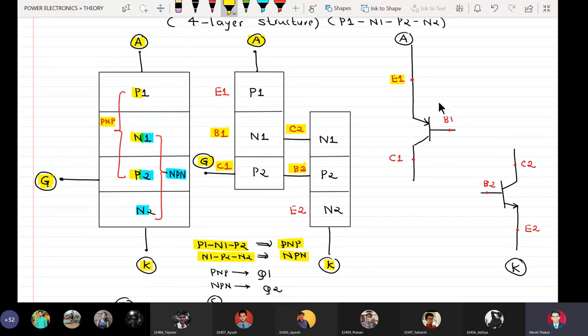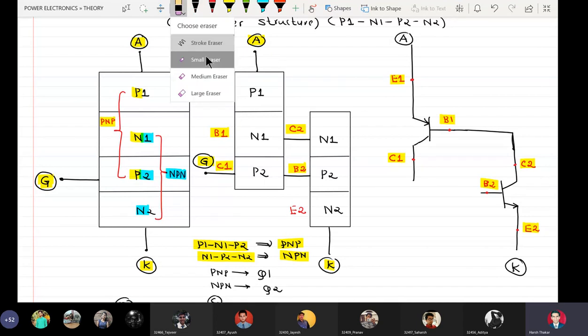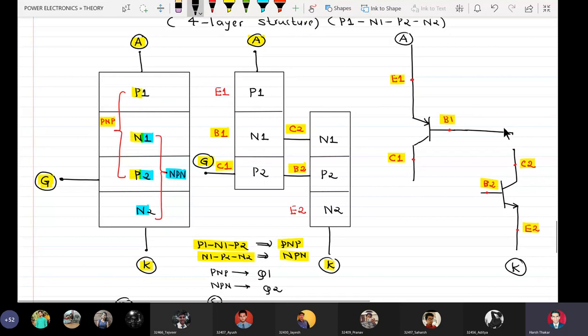Okay, so E1, B1, C1, E2, B2 and C2. Now let us make the connection. So B1 to C2 connection. Okay, so we have connected the base of Q1 to the collector of Q2. Similarly, C1 to B2 is the next connection.